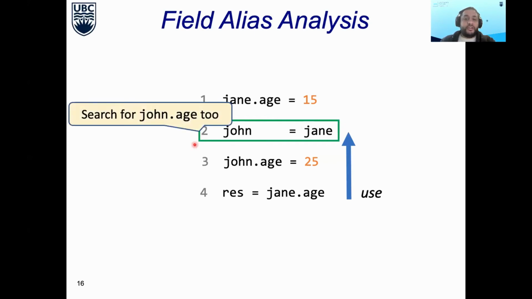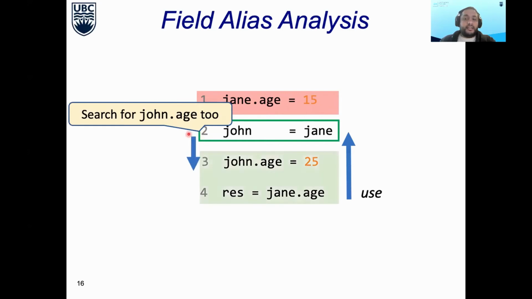For example, here the analysis decides that it should search for the modification of the field John.age. The analysis also decides in which direction it should look for the field. For example, the analysis should not search for the field John.age in the backward direction, because the aliasing of John to Jane only occurs at statement 2 and may not be true before that statement.